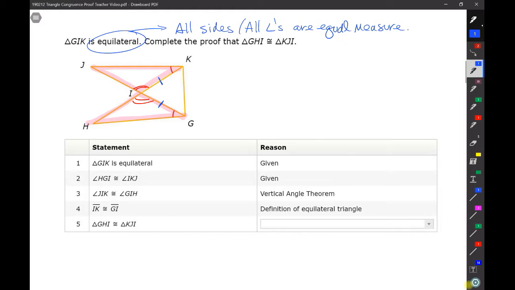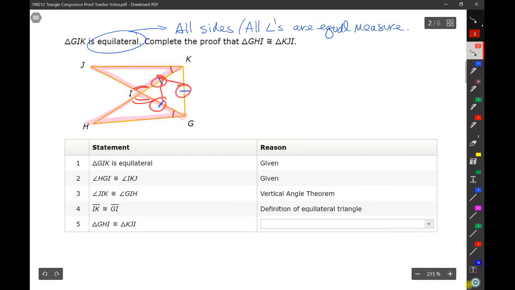We can say that because of the equilateral triangle. If we wanted to, we could actually make a third mark right here. It doesn't really help us in proving our two triangles congruent, but I make it so that you see where this information came from. It came from the fact that they told us initially this was an equilateral triangle, which means that all three sides need to be congruent.